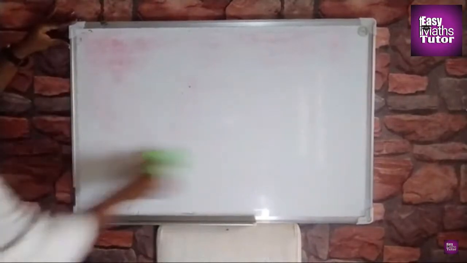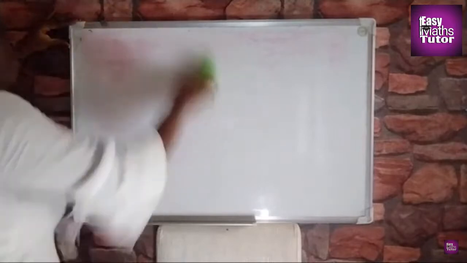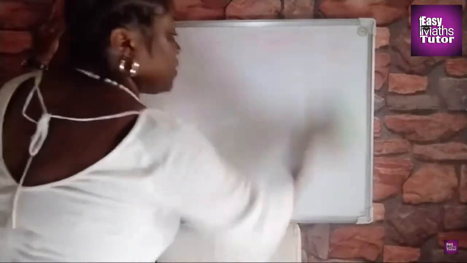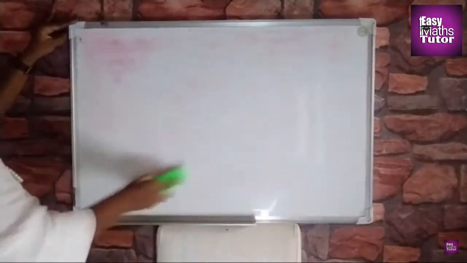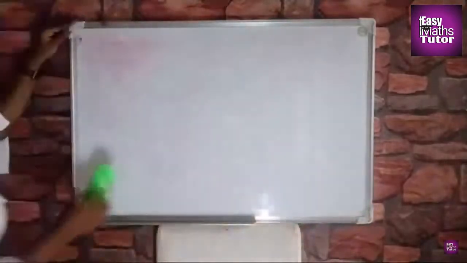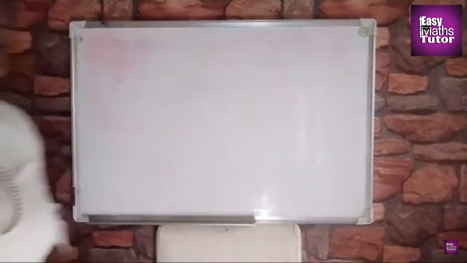So you have to practice and get used to these problems, because it's basically the same topics that are set for every year of our JAMB questions. So just do more practice.